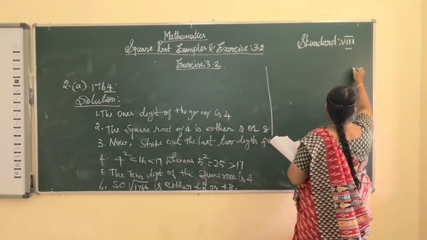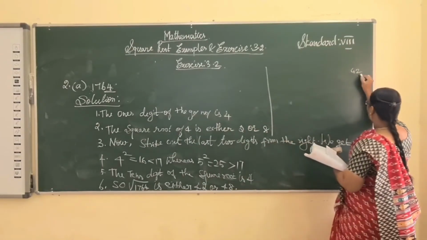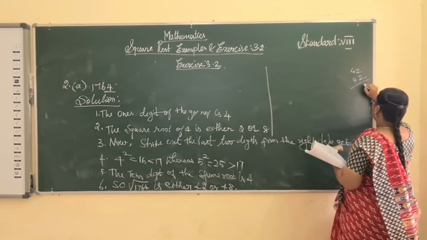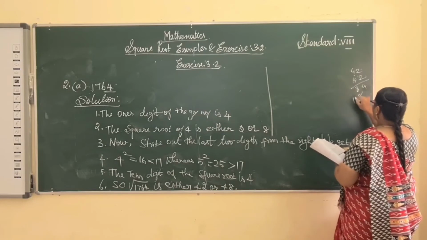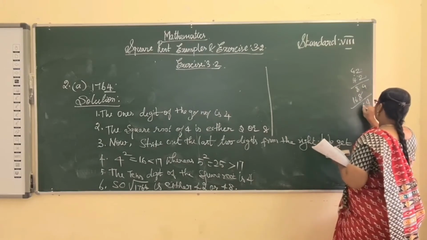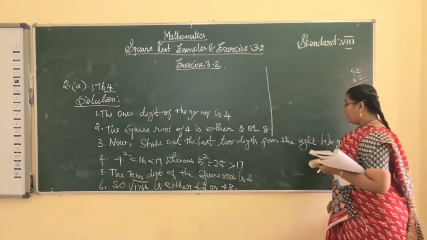Okay, we have to square it. So 42 square, what is the value of 42 square? So multiply 4 times 4, 16. So we get the square root value.